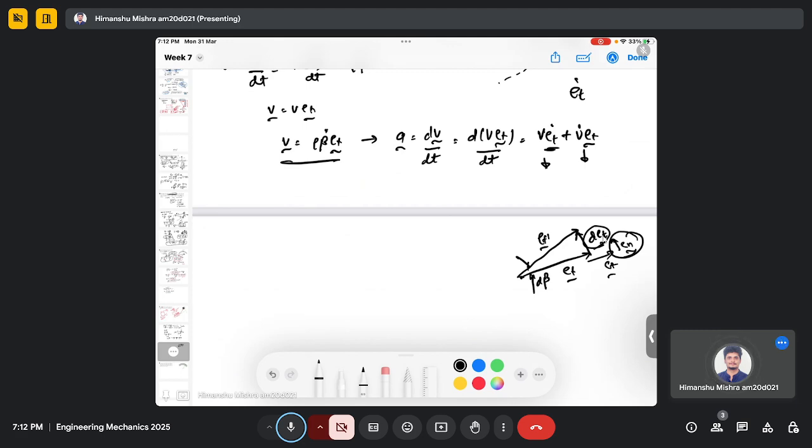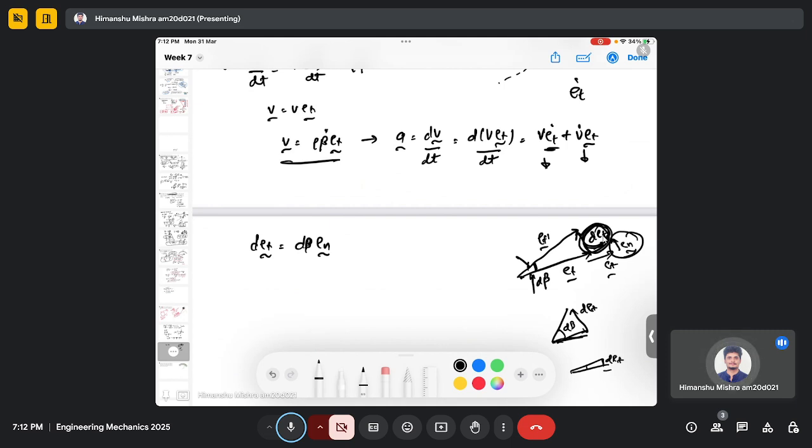So I can write the vector d et is in the normal direction with a magnitude of d beta, because this d beta will describe the magnitude of this d et. If this d beta is very large, my d et is large, and if d beta is very small, my d et is very small.